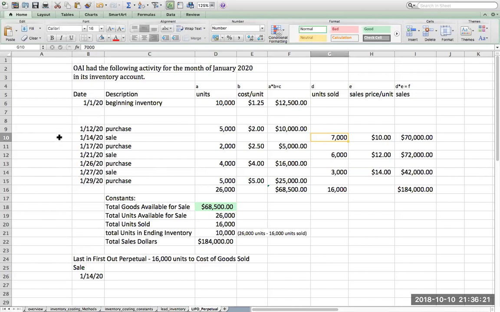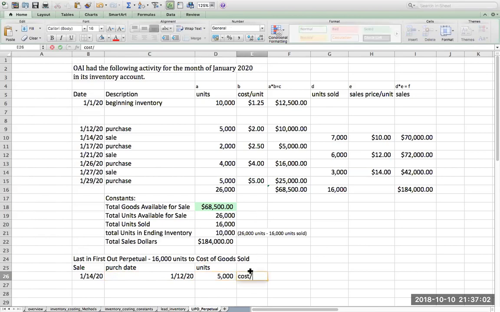So when I look at my sale on January 14th, I notice that my very most recent purchase was on January 12th. I need 7,000 units, so I'm going to take from my inventory on 1/12/20. I can only take 5,000 units. I know I need more than 5,000, but this is all I actually have available.